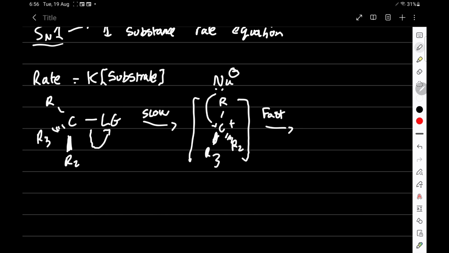This is the fast step. And we can receive our product. This is a much faster step because a negative charge and a positive charge reacting together is going to be quite fast compared to a bond breaking apart on its own. We do also retain some leaving group.